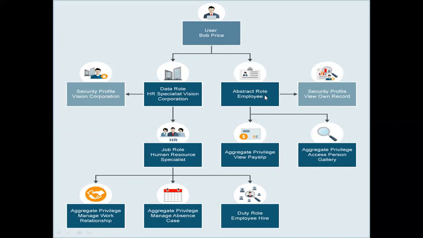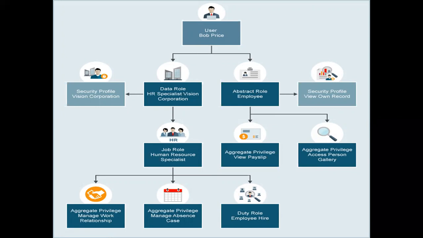As a result, his profile looks like this: as an HR specialist, Vision Corporation, Bob Price inherits the job role of a human resource specialist. The role inherits the aggregate privileges. What do you mean by aggregate privileges? Aggregate privileges means combining the functional privilege of an individual task.